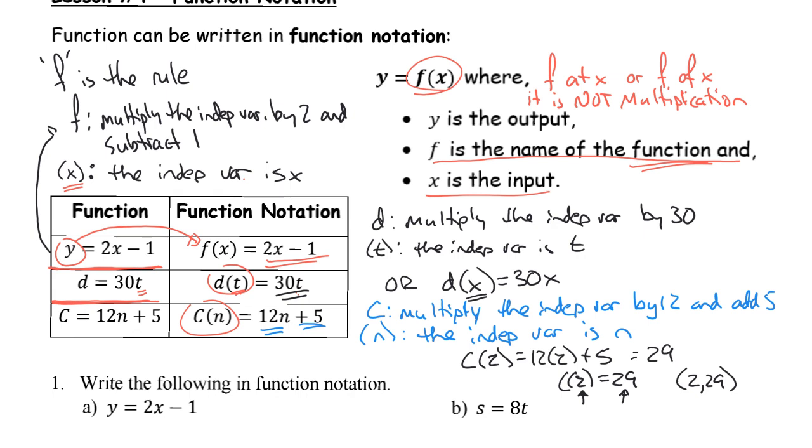But what we find is as people progress through high school, in many cases it becomes very clear that by the time they get to grade 12, they weren't really all that clear on what function notation meant, and what was going on inside the parentheses there. That is the independent variable. Whatever's inside there replaces the independent variable in the expression. Anyway, let's take a look at some examples here, and hopefully that will help clarify things.